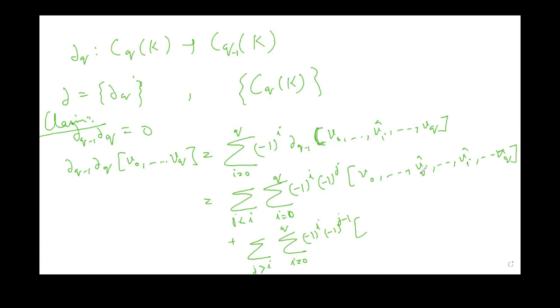So if I remove Vj here, Vj is not exactly at the j-th place, but at the j minus 1th place. So here the sign minus 1 to the power j minus 1 will be here.